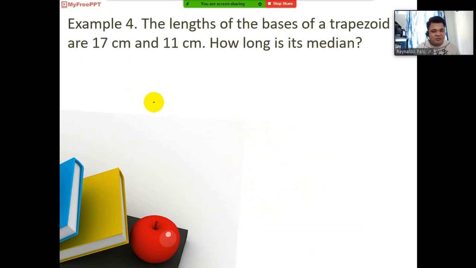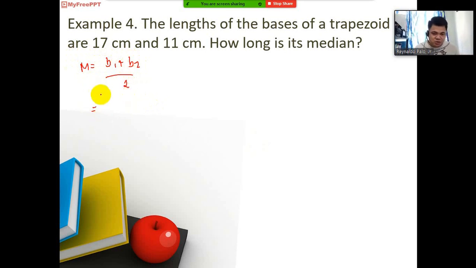Let's have the following examples. The lengths of the bases of a trapezoid are 17 centimeters and 11 centimeters. How long is its median? First of all, we have to state the formula. Median is equal to base 1 plus base 2 over 2. Actually, class, we can interchange the places of base 1 and base 2. There's no problem with that.